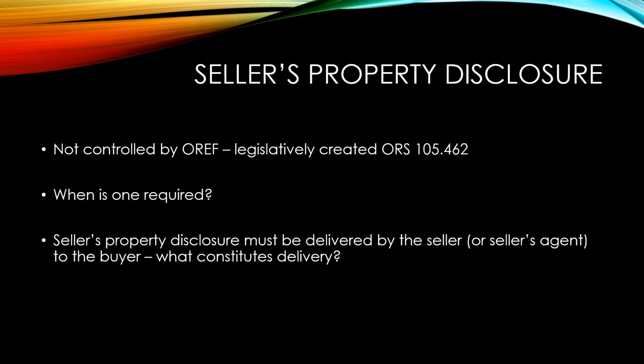But if you're selling a duplex, then the seller's property disclosure does apply. And it must be delivered by the seller or the seller's agent to the buyer. Now, what constitutes delivery? Posting it on a website for someone else to retrieve is not delivery.